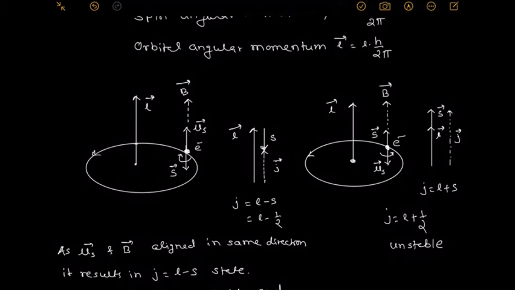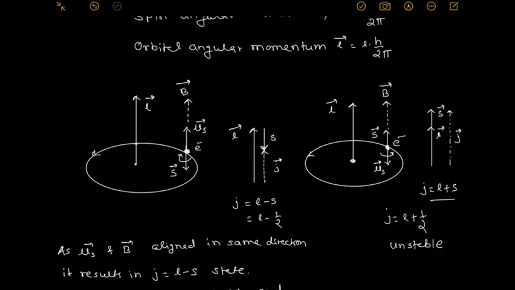That state is J equal to L plus S. Now, how do we get J equal to L plus S? Since L and S are in the same direction, the total angular momentum is the sum of L and S. Hence, J equal to L plus S, it means J equal to L plus half.